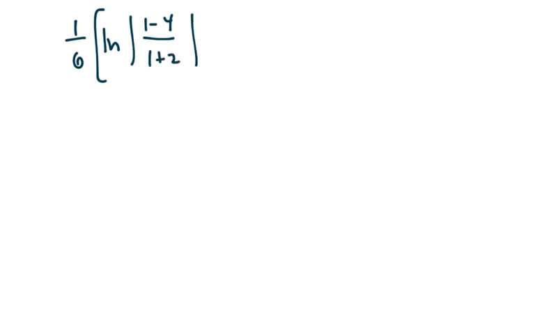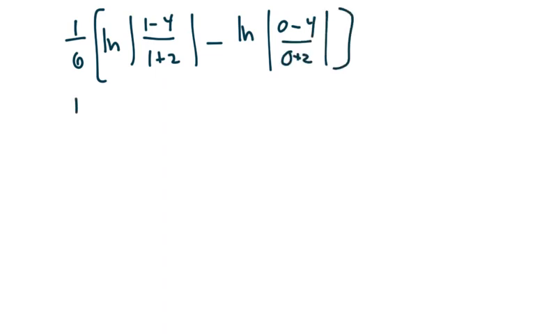And then minus ln of 0 minus 4 over 0 plus 2, plugging in the 1 and the 0. So this becomes ln of the absolute value, let's see, negative 3 over positive 3, but absolute value is positive 1.